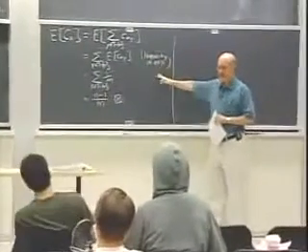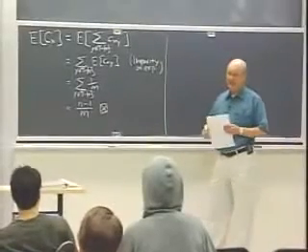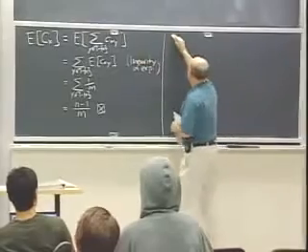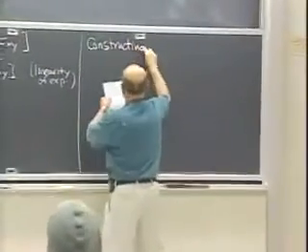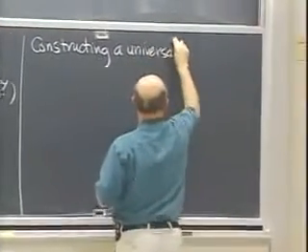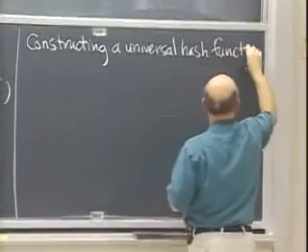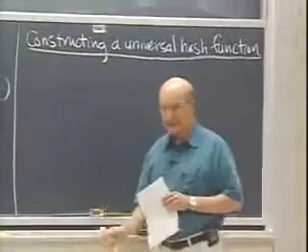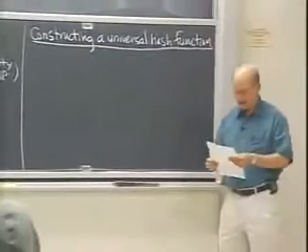Okay, any questions about that proof? Okay, now we get into the fun math. Constructing one of these babies. This is not the only construction. This is a construction of a class of universal hash functions.